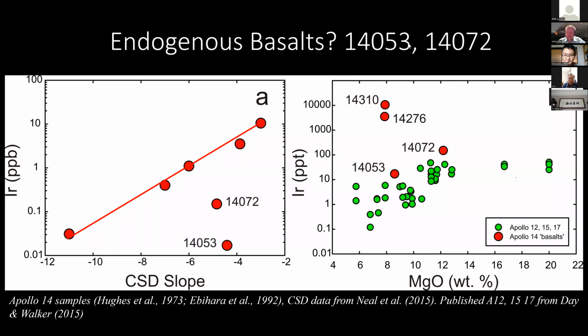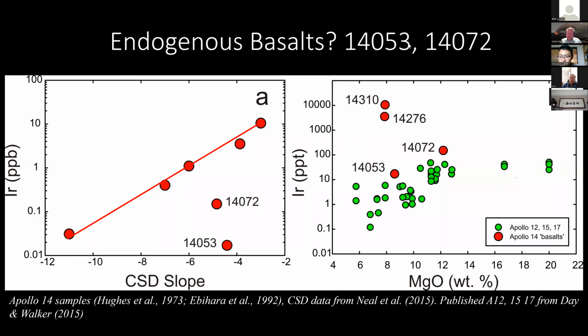The difficulty comes when the HSE signatures that you're observing are discrete and distinct. They don't follow trend lines. This causes problems, because you then have to do some special pleading to explain it through some kind of fractionation.